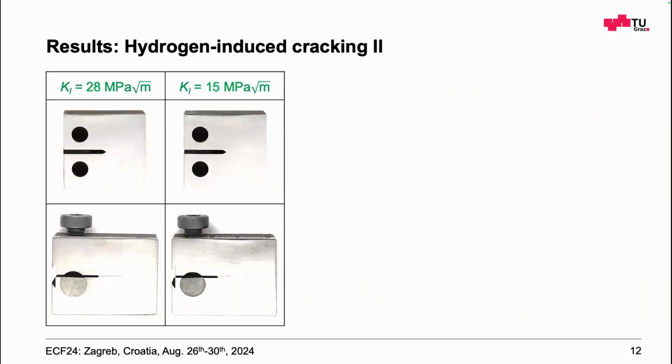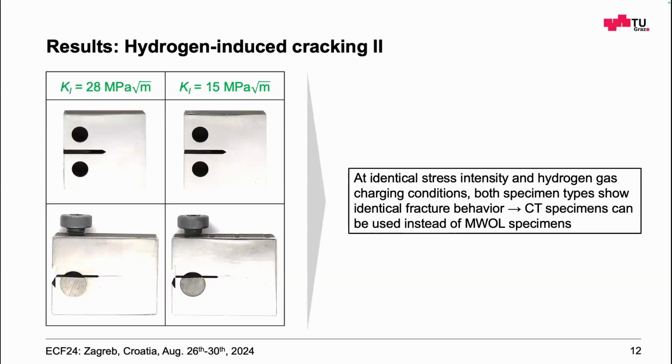And what you see here is that no crack grew because the stress intensity was too low. So this was just a pre-crack, which we introduced before. Now, at identical stress intensity and hydrogen gas charging conditions, you see that both samples are equivalent with our method.